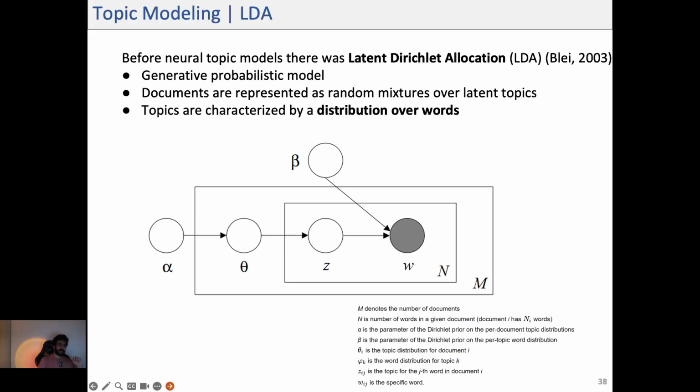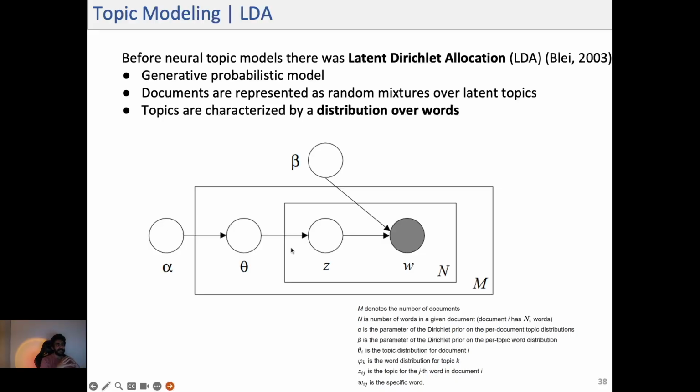So let's walk through this graphical model diagram step by step. Alpha is the parameter of the Dirichlet distribution that governs how topics are mixed within a document. It tells us how likely a document is to be about multiple topics versus just one.